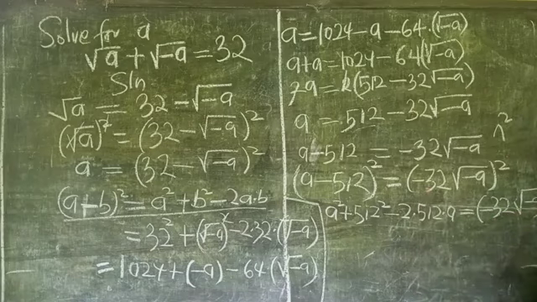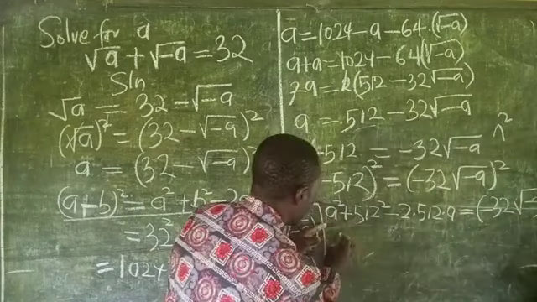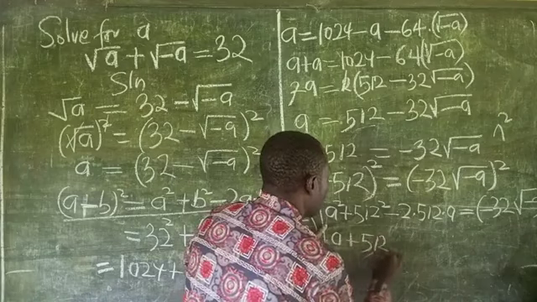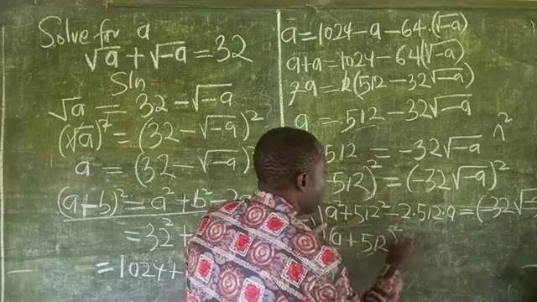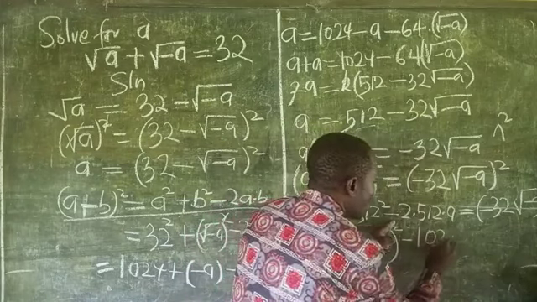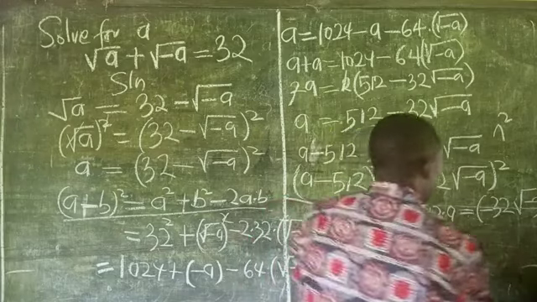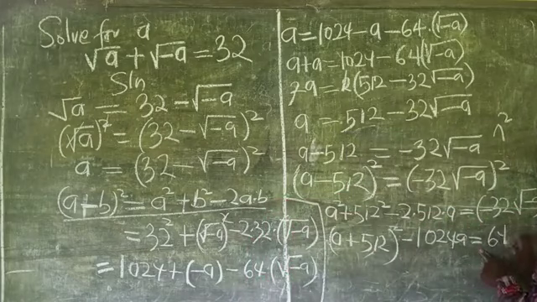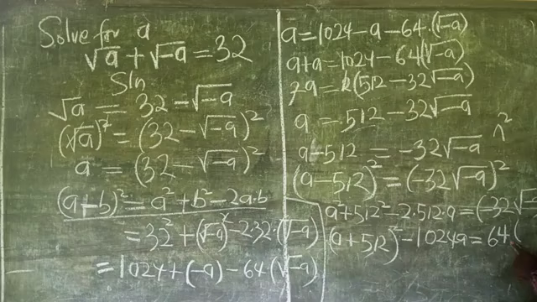This is beautiful. This becomes a plus 512 squared minus 2 times 512, which is 1024a, equal to positive 64, and the square takes care of the square root, so we will be left with minus a.